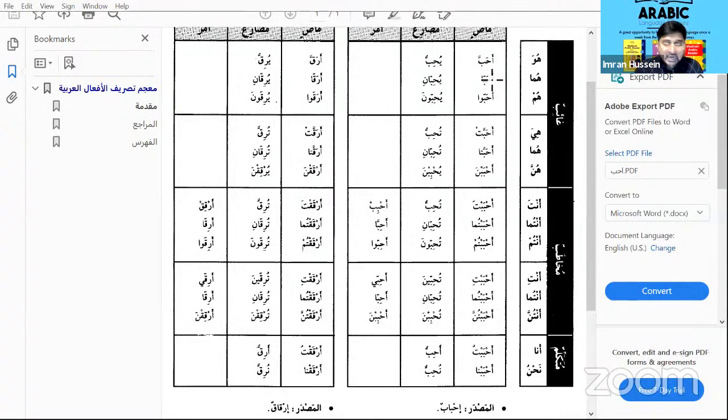Ahabba yuhibbu means he likes or he loves someone. And the word habba itself, the three-letter verb habba yahabbu, it will come in the meaning of, give me 2 seconds.